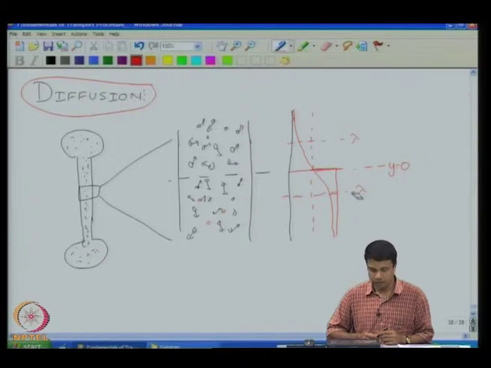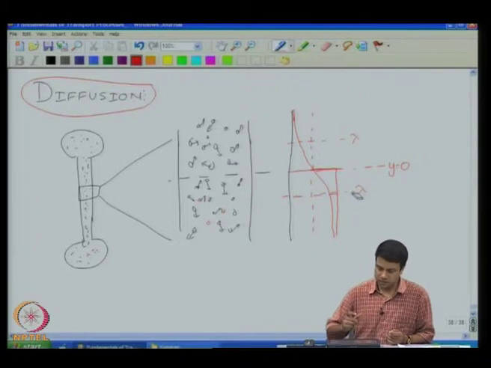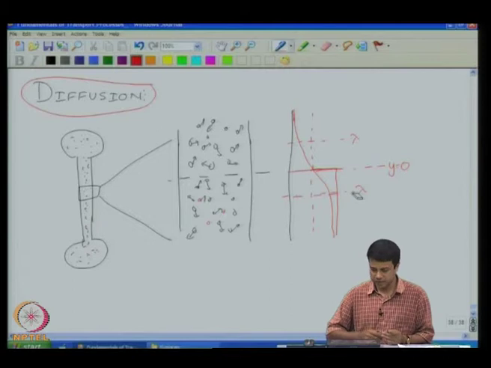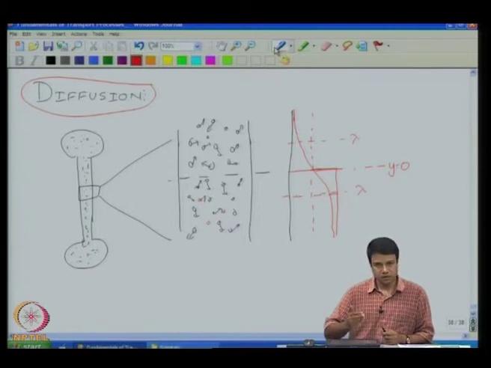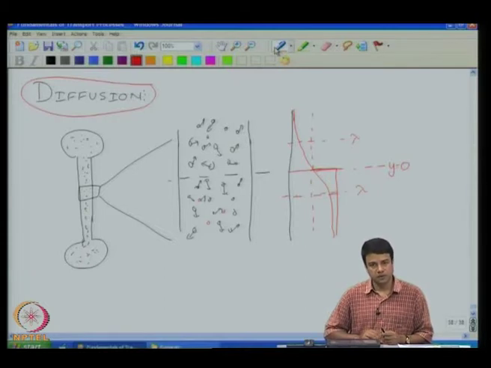Molecules going from above to below are coming from a distance comparable to the mean free path above the surface. And there is a difference in the concentration between these two. The concentration of red molecules is higher below and lower above. Therefore, you will have more red molecules going above and fewer red molecules coming below, and that ultimately is what is causing diffusion.